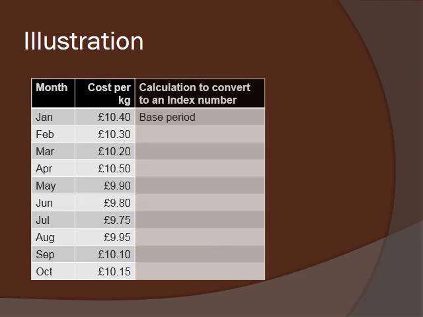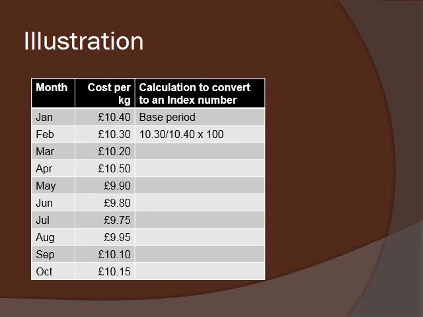So here's our table again, and this time we're going to show the calculation required to convert to an index number. Well, January is the base period, so that's going to be given a value of 100. February, we're going to convert that £10.30 into a relative or measure, otherwise known as an index number.